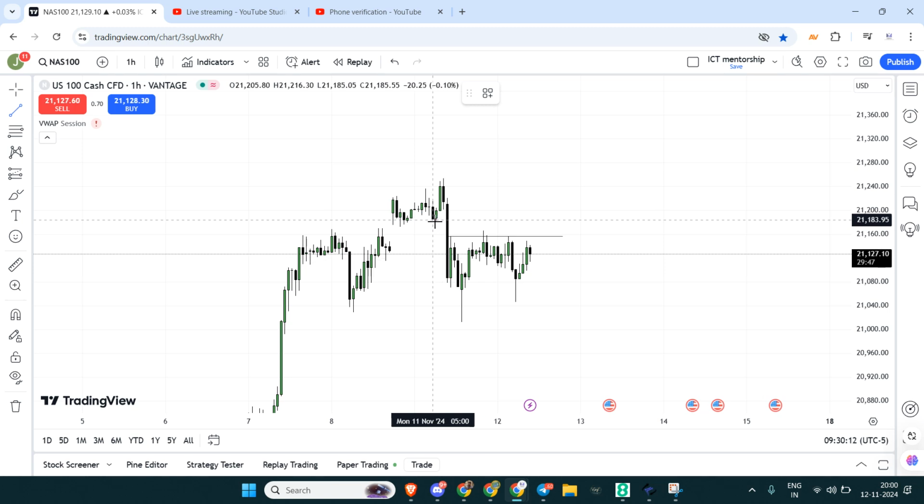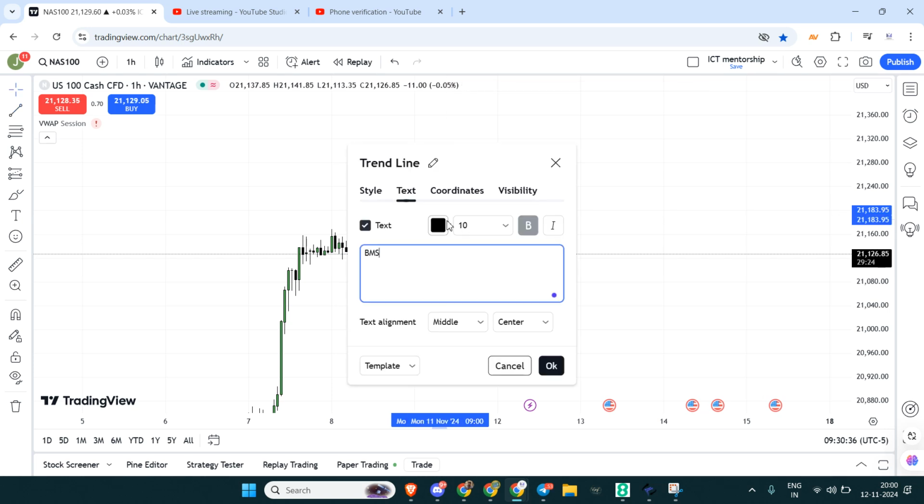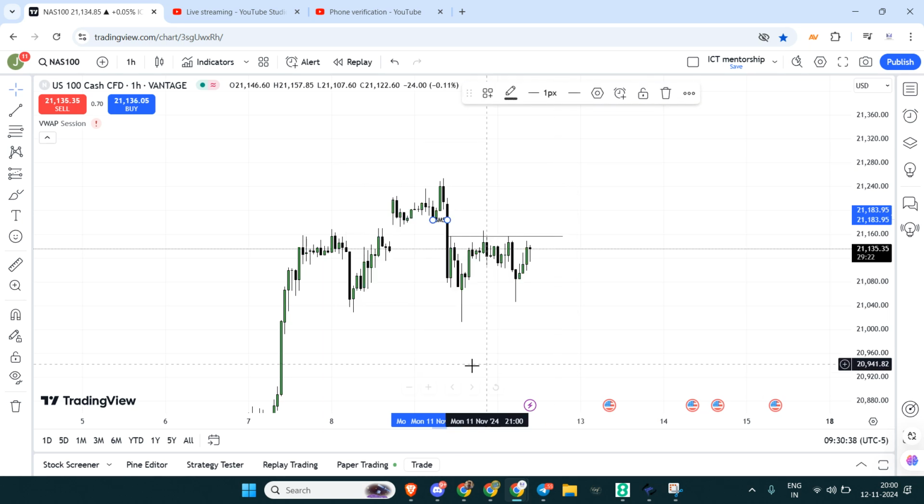There are so many concepts in ICT, but I'll be taking trades based on liquidity sweep setups, or the turtle soup. After hitting these levels at 21,250, we already got a 1 hour BMS, or break of market structure.